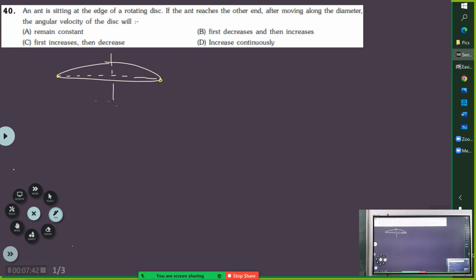So what happens? The angular velocity first increases and then decreases. I suppose all of you know the reason. If you want to know the reason, you can ask me and I will let you know. Shall I proceed?